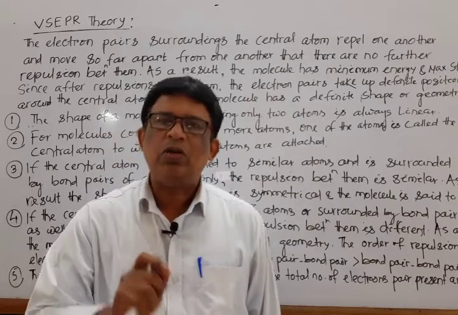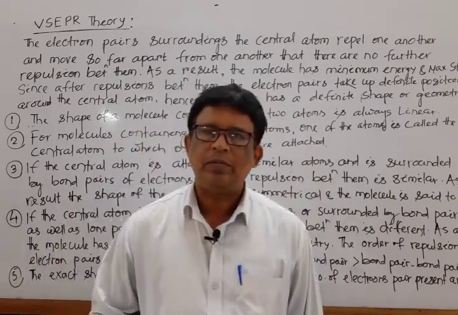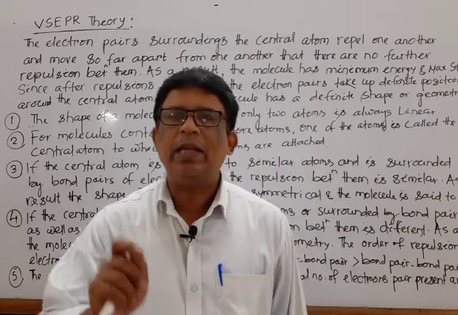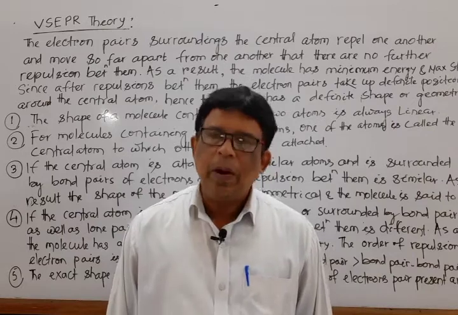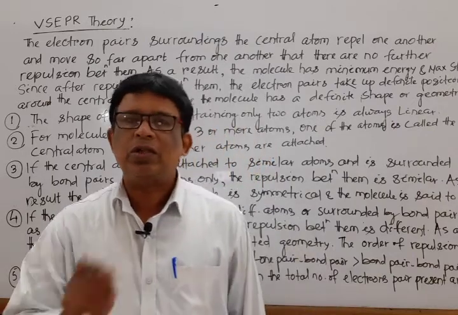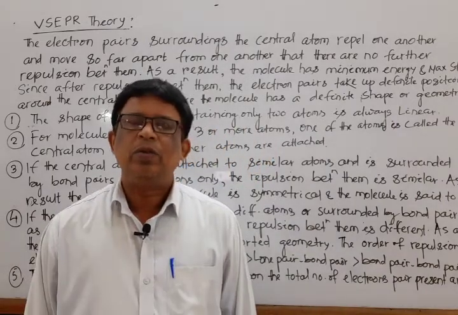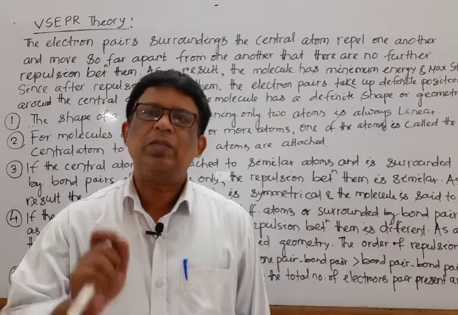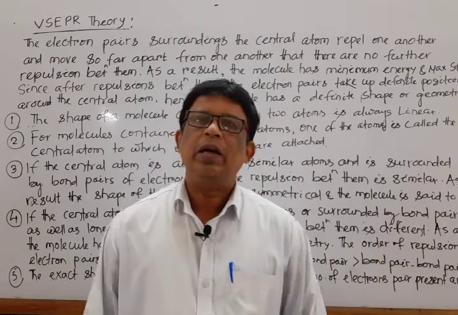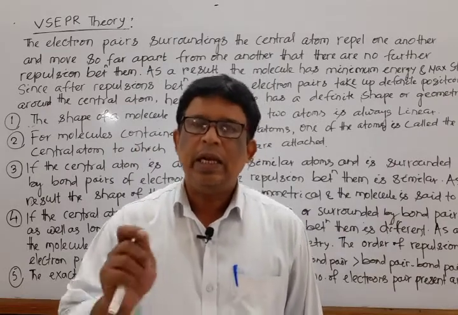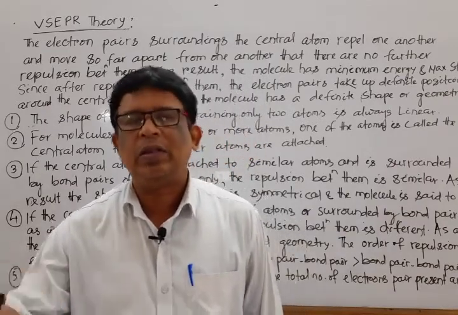So in order to avoid the repulsion and maintain stability, the orbitals repel, moving away from each other in such a way as to maintain maximum stability. This idea is given by valence shell electron pair repulsion theory.